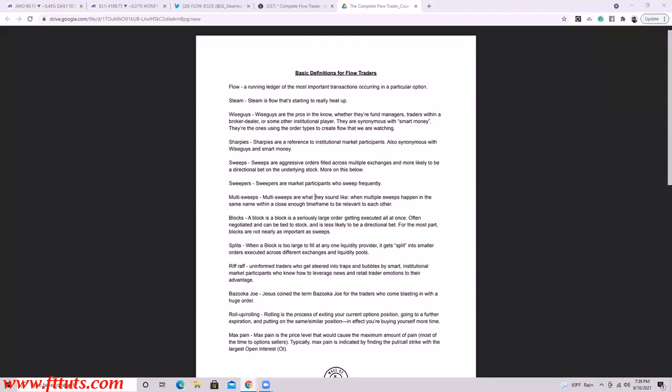It's coming from professionals, and that player is stressing urgency, wants to get filled, and doesn't really care about the price they're getting filled at.